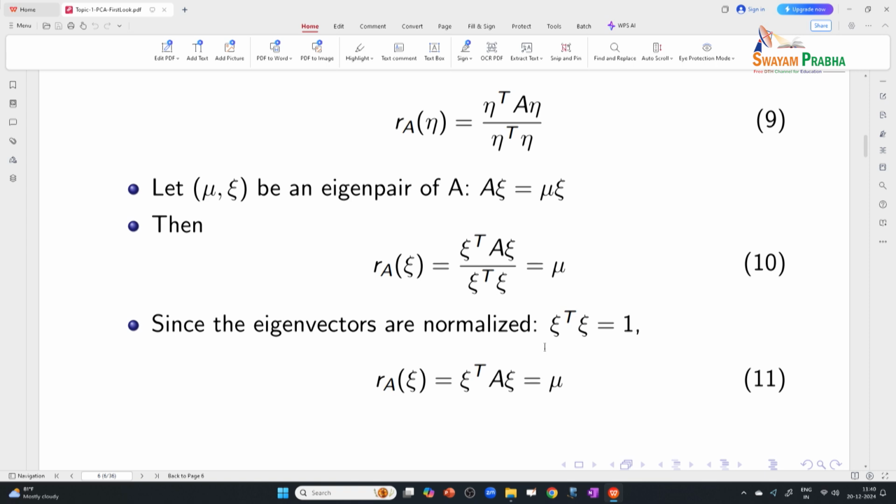So let mu, xi be the eigenvalue, eigenvector of A. The Rayleigh coefficient of A with respect to its own eigenvector is equal to mu. So the Rayleigh coefficient, you can think of it, extracts the eigenvalue of a given matrix. So 9, 10 and 11 essentially tell the relation between the concept of Rayleigh coefficient as a functional and the specific property of the Rayleigh coefficient when you choose eta, which is any vector, to be the eigenvector of A. I get the constant mu.